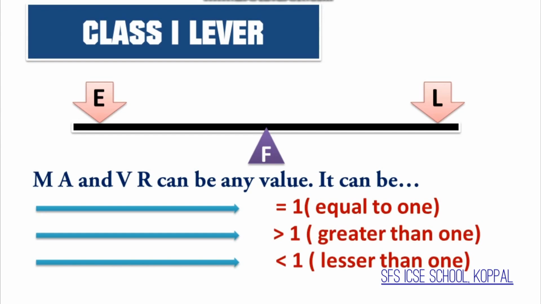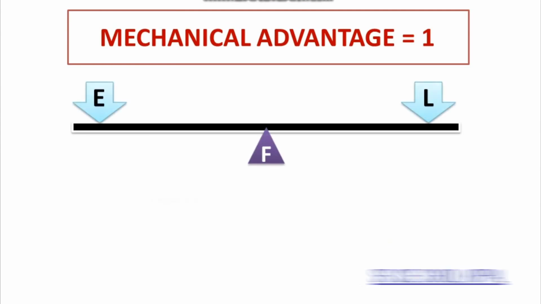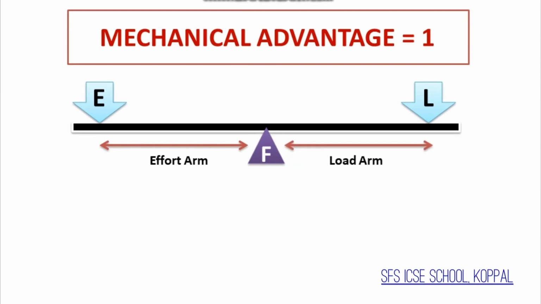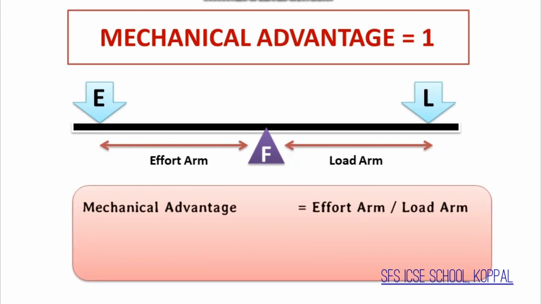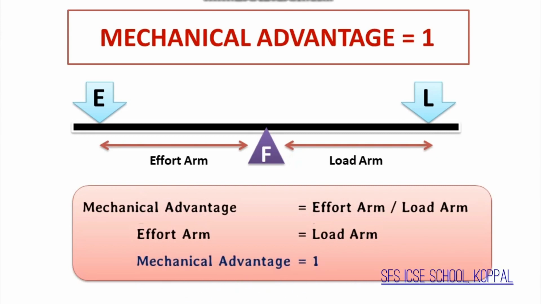Let me explain. Number 1, mechanical advantage equal to 1. If effort arm and load arm are equal, or fulcrum is exactly at the midpoint of load and effort, mechanical advantage will be equal to 1. That is, mechanical advantage is equal to effort arm divided by load arm, and we know effort arm is equal to load arm, and therefore mechanical advantage is equal to 1.